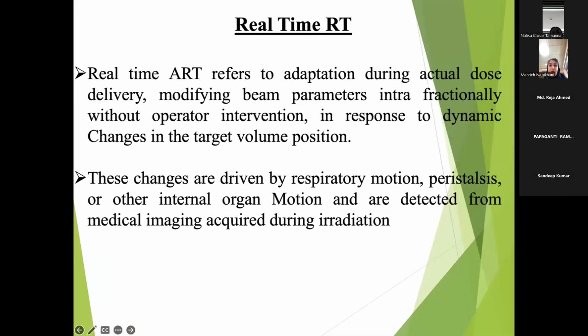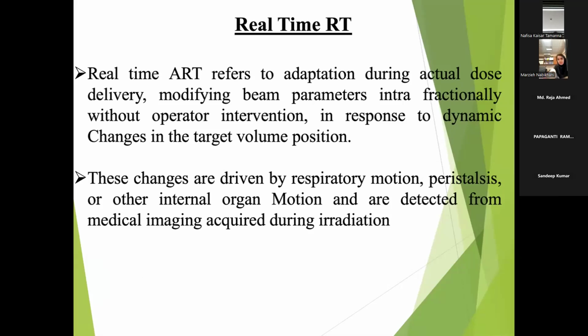And the third one is the real-time adaptive RT. Real-time adaptive RT refers to adaptation during the actual dose delivery, modifying beam parameters intrafractionally without operator intervention in response to dynamic changes in the target volume positions.